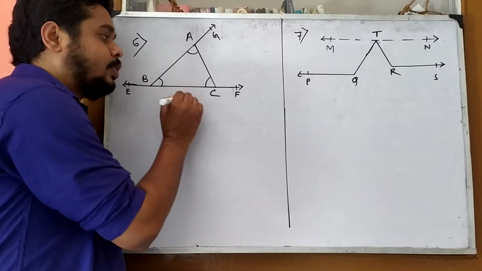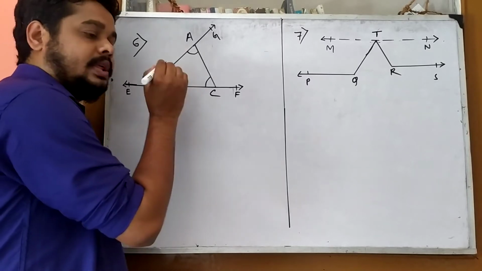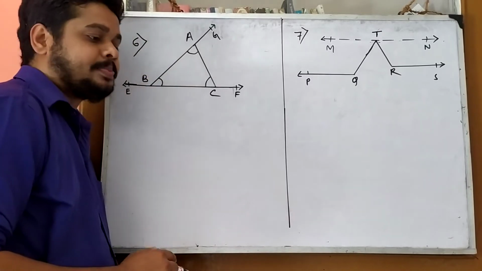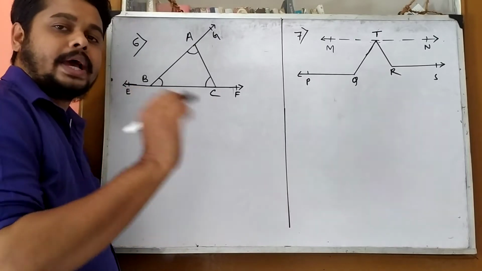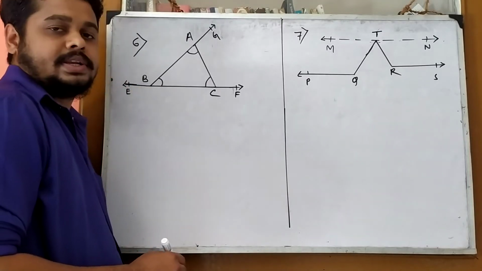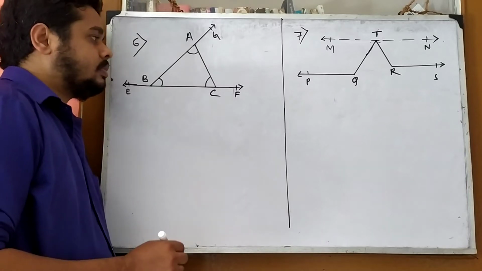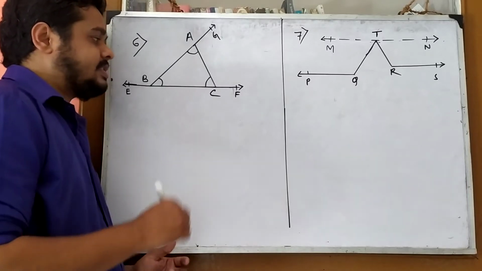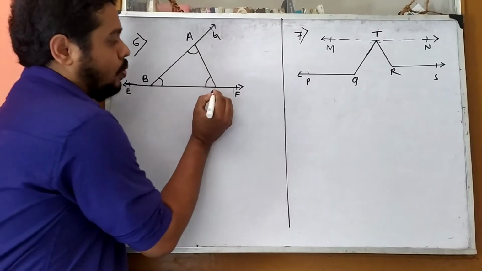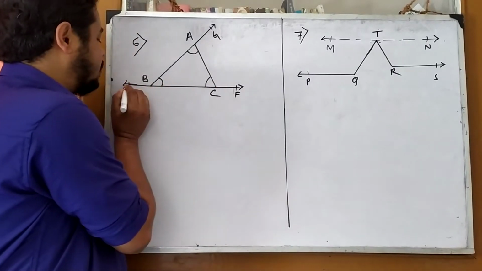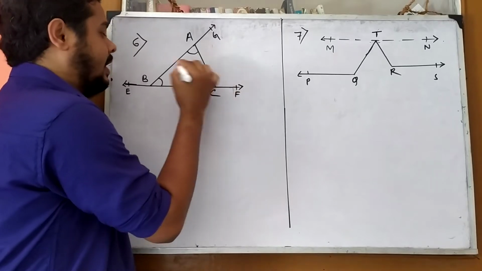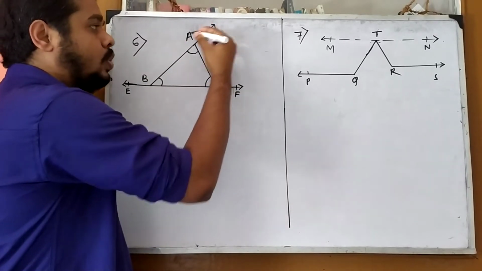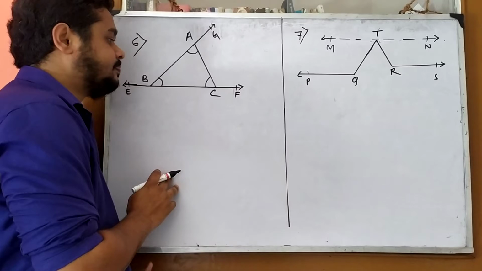Now we have to prove this angle sum property using the linear pair of angles property. Okay, now a construction is needed, that's why we extended BC on both sides, up to E and F, and BA up to G. Clear?